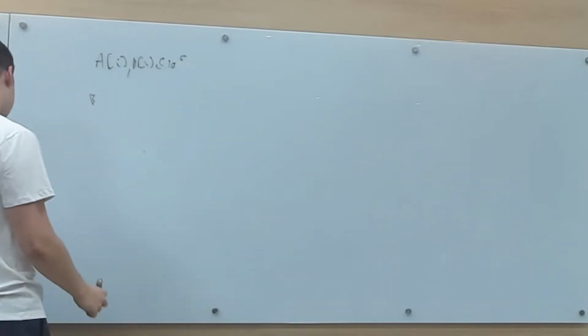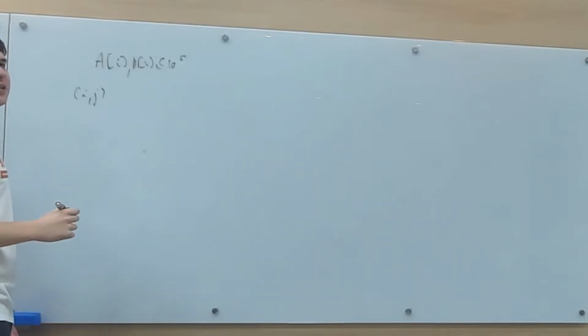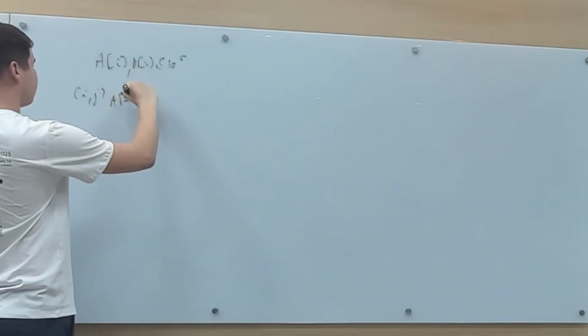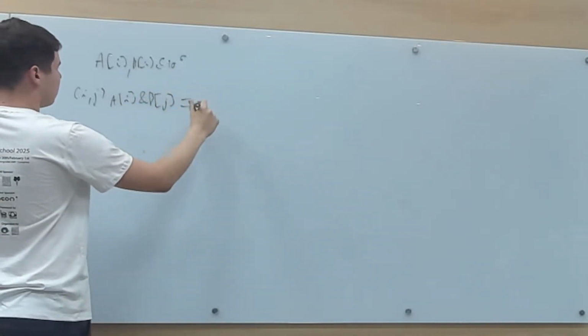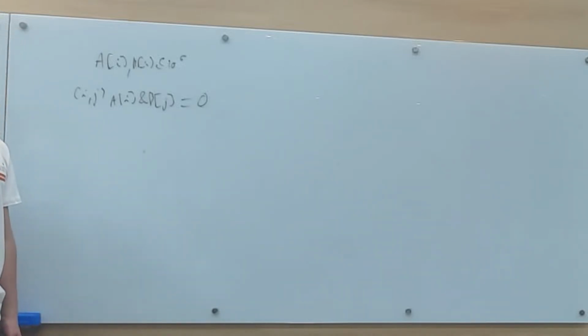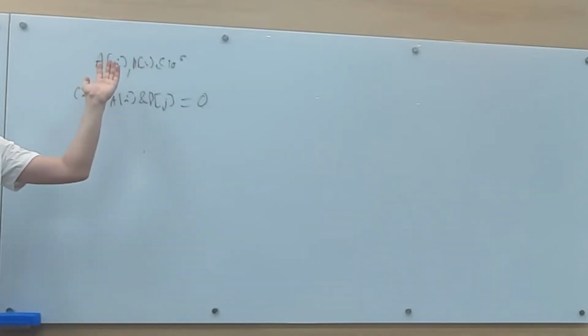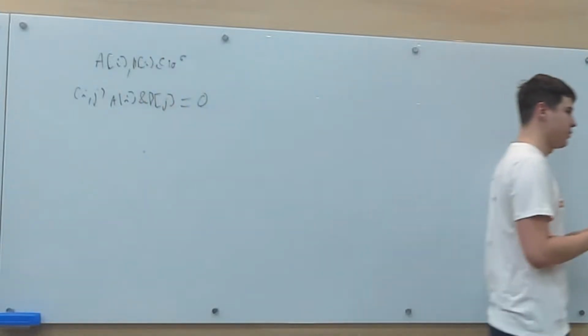We want to calculate the number of pairs (i, j) such that A_i AND B_j is equal to 0. We can just count the values in both arrays, do an AND convolution over them, and get the 0th element of the resulting array. Okay, are there any questions up to this point?